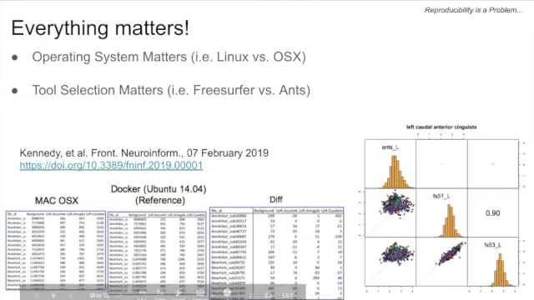But if you jump to a different tool, in this case ANTS, the relationship between an ANTS interpretation of the left caudal anterior cingulate average thickness and the FreeSurfer version of the left caudal anterior cingulate thickness can be less correlated than you think. So if you go off and make conclusions about such results, it may depend on exactly which tool you're using, and it's not the thickness of the left caudal anterior cingulate that's the major factor.